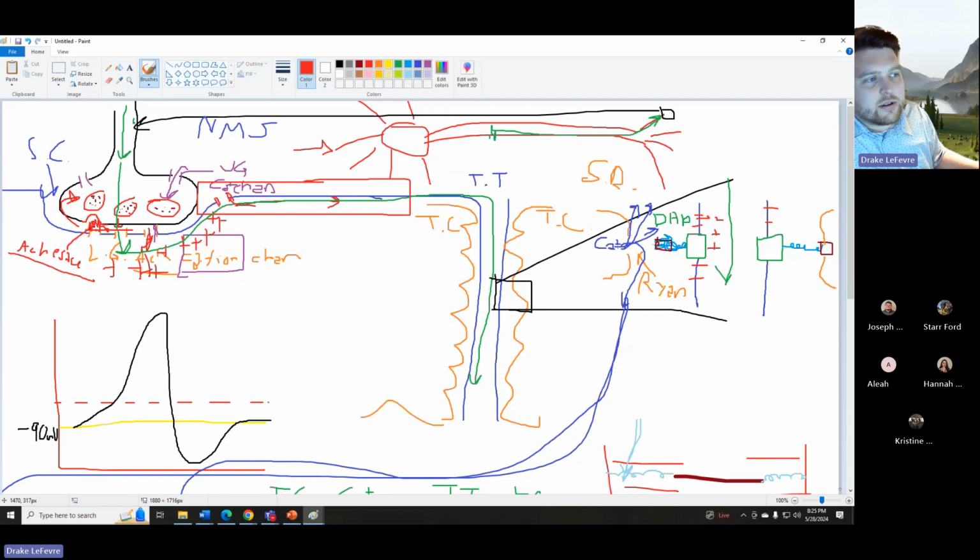The ryanodine channels, these guys will close because the DHP are no longer receiving a signal. And then along the sarcoplasmic reticulum, we have pumps.